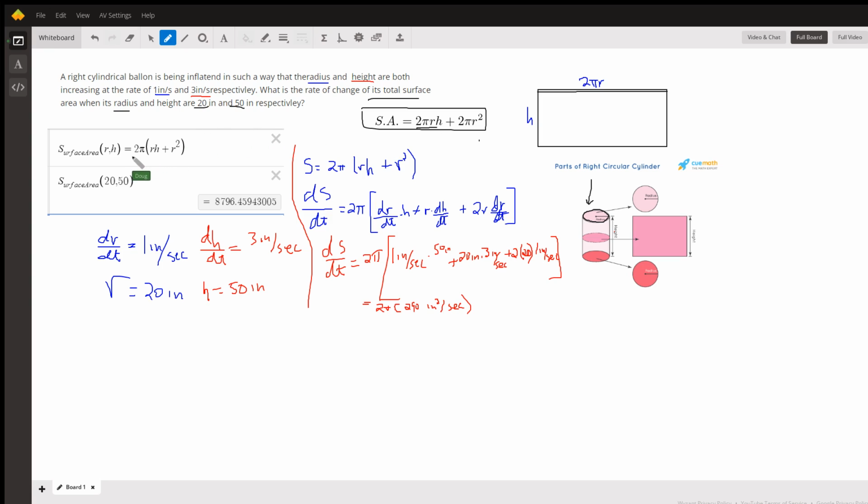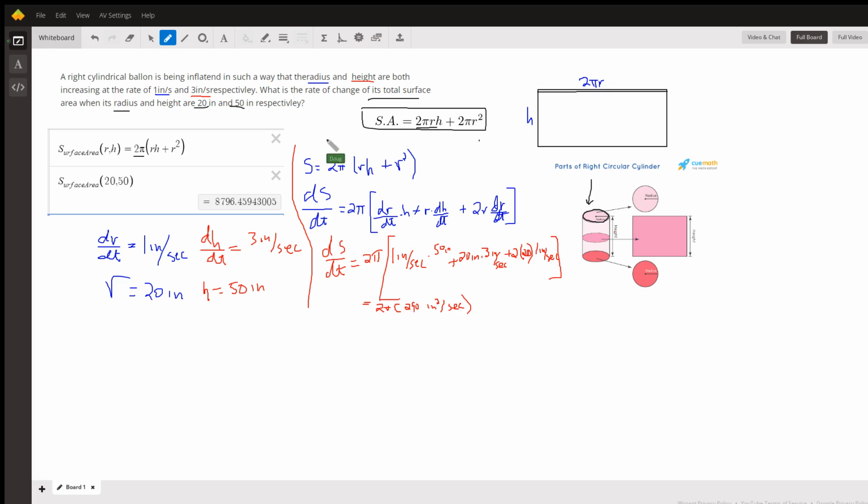So it's probably easier to take the derivative if you factor out the 2 pi. And we're left with rh plus r squared on the inside. So when we take the derivative with respect to time, dS/dt equals 2 pi times the derivative of this.